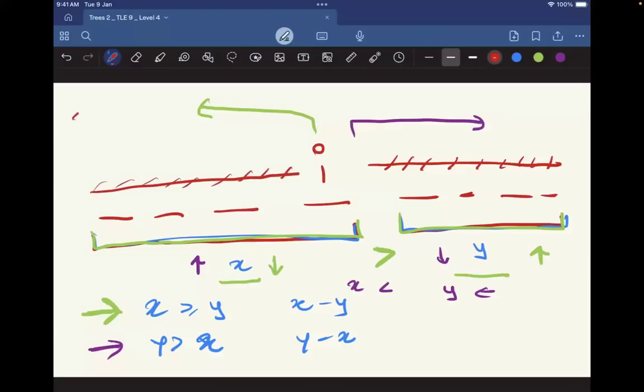And now tell me, if x is equal to y, what do I discard? Do I go to left or do I go to right? How do I know? Exactly. So in this case, I will break because my answer is 0 and I can't minimize my answer further. Yes or no, guys? That was a trick question.